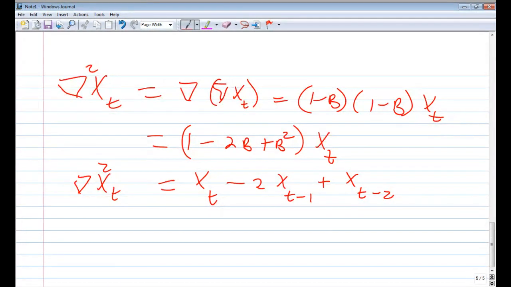Sir, can you explain again step 2? Step number 2. Okay. Let me start from step number 1 so that it can be connected. I said here, change in xt squared. This is the second differencing.